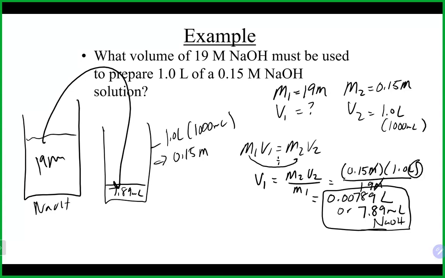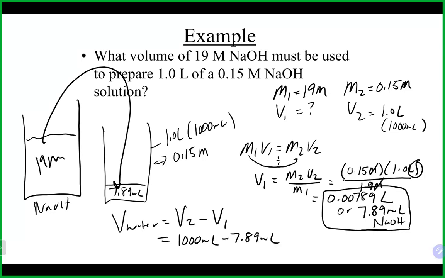So very often in dilution equations, you're asked how much water or solvent you need to put in there. To figure that out, you usually would want to do your V2 minus your V1. So my V2, I'm going to do it in milliliters here. I want to end up at 1,000 milliliters total volume. I've already put in there 7.89 milliliters.